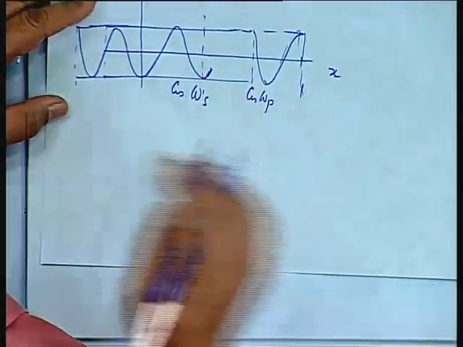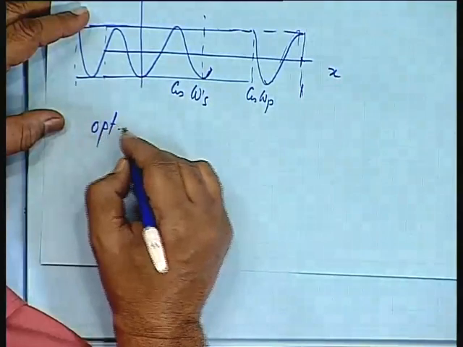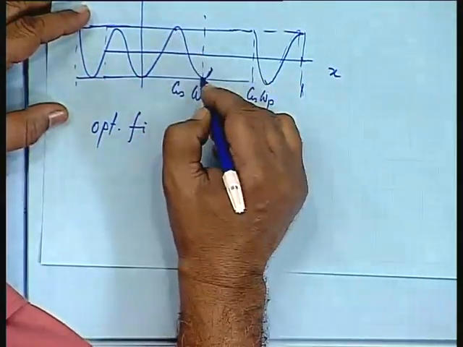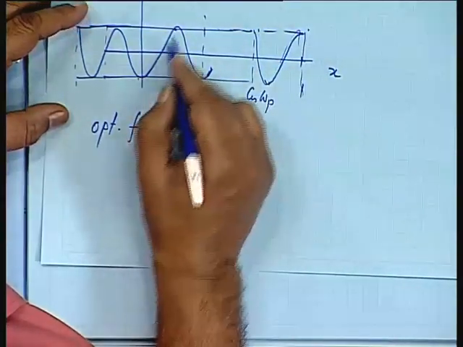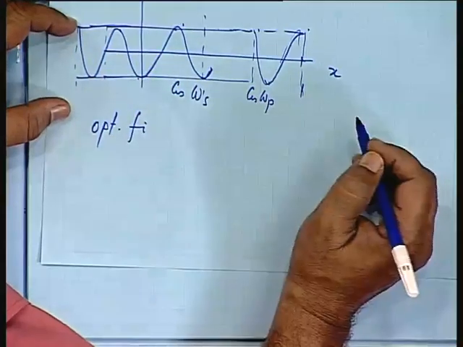So, the alternation theorem states that the optimum filter must have a minimum of q plus 2 such alternations. Minimum number of alternations will be q plus 2.